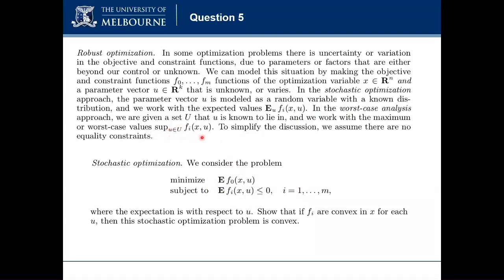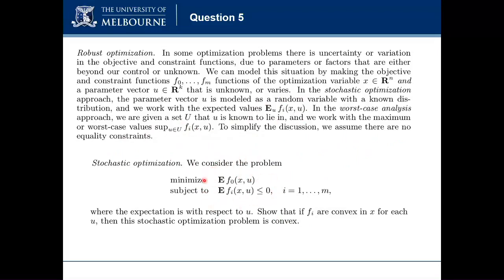Then you take, as discussed, the fi of x, u, and then you look at the worst case values. If you want to minimize the worst case values, you find the max over u. What's the worst that can happen, right? Here, to simplify, there are no equality constraints, but you can write it for equality constraints as well. I will just focus on the expected values, not the worst case scenario optimization.